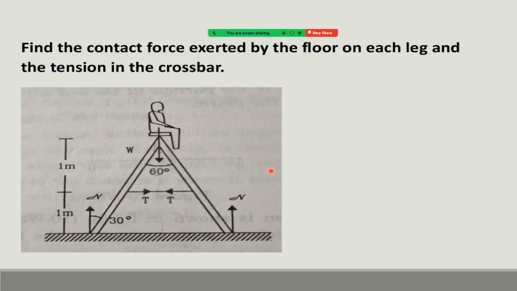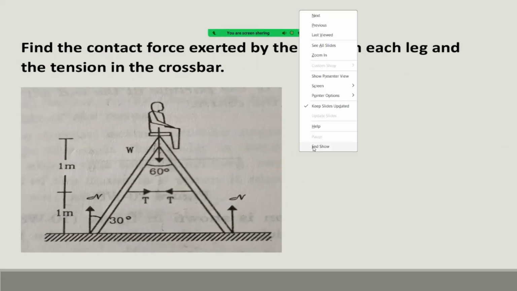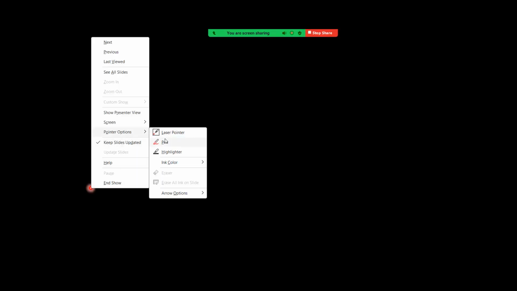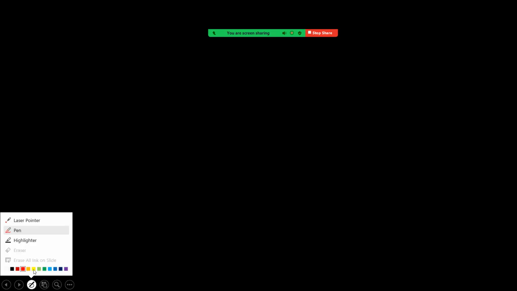Let us see now how to start the problem. Right, first make the given diagram. So it is a ladder.